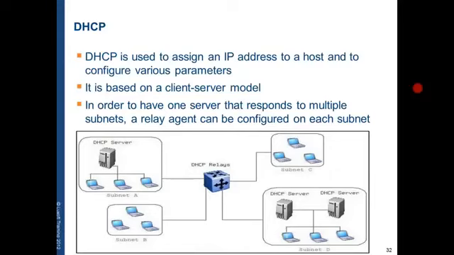protocol called DHCP, and it is used to assign IPs dynamically. It also allows the host to be configured with other parameters than IP. It is based on a client-server model. You can see in the diagram here we have 4 different subnets.